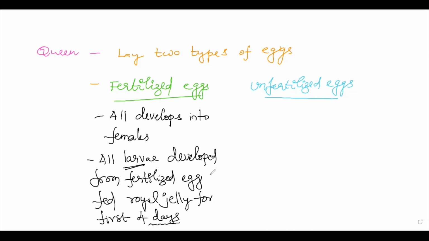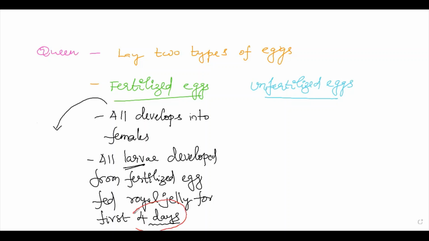After that, royal jelly is fed only to the bee that is bound to develop into the next queen. That means royal jelly is a nutritious food material which can be taken by all during the first 4 days only.